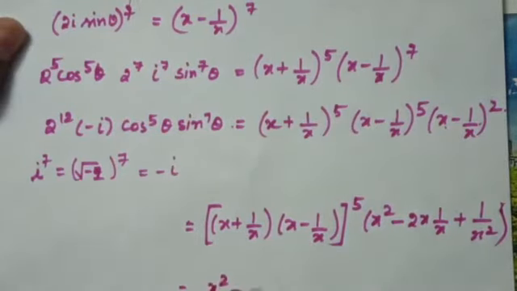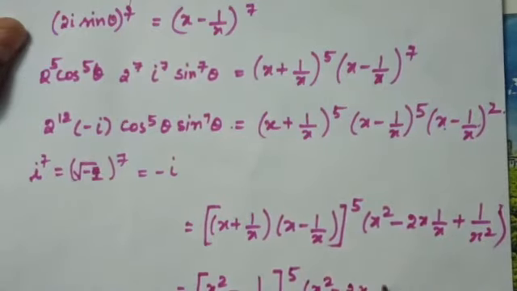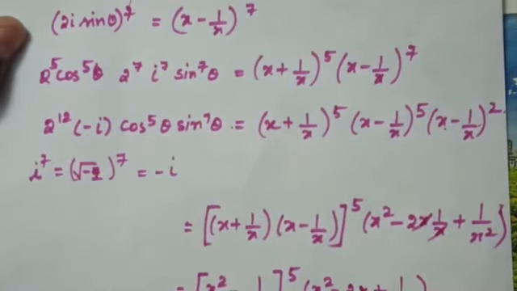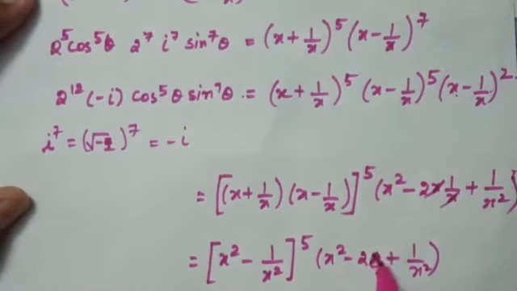So you will get (x squared minus 1 by x squared) the whole power 5 into x squared minus 2x into 1 by x plus 1 by x squared. Here x and x will go off, so you will not get any term there. Here it is 1 into 1, so you will get x squared minus 2 plus 1 by x squared.